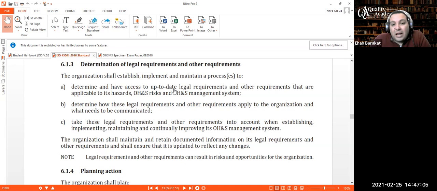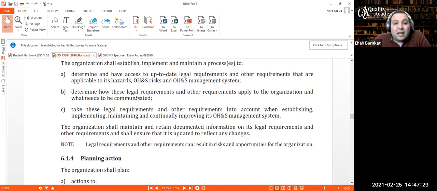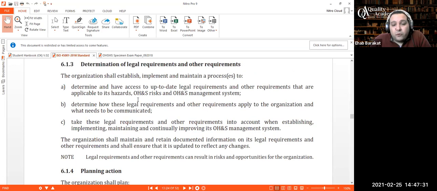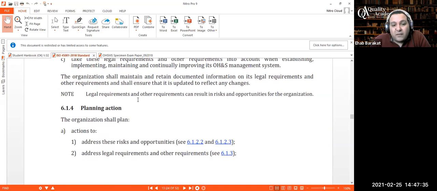You can ask for evidence which keeps the organization up to date with legal requirements, such as a contract with a legal agency, or a contract with a governmental office that provides you with up-to-date legal requirements. This is evidence. Maintaining a procedure for the determination of legal and other requirements. All of these are evidences.